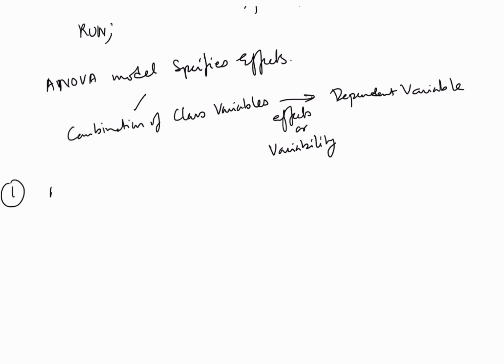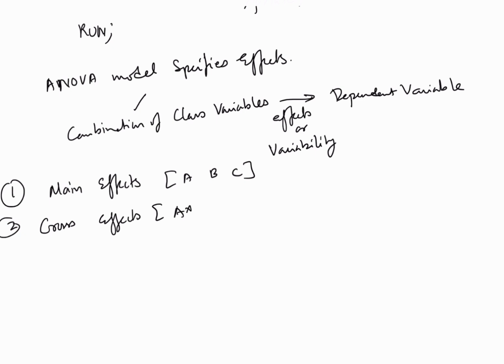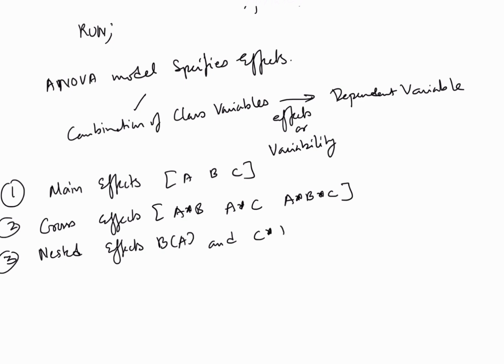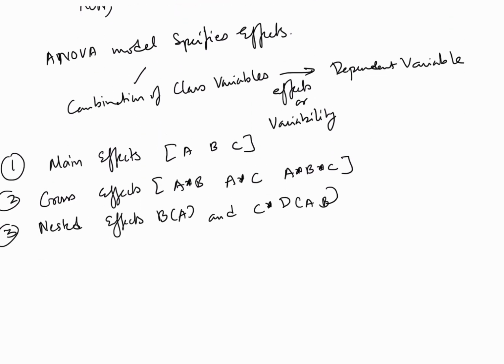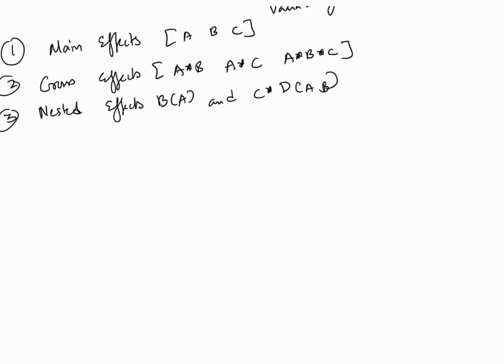So the effects could be a main effect that might be present, so A, B, and C. There could be cross effects, such as A intersection B, A intersection C, A intersection B intersection C. And then you could have a nested effect, like B of A and C with D of A and B. Those are also possible to write in the PROC ANOVA statement.